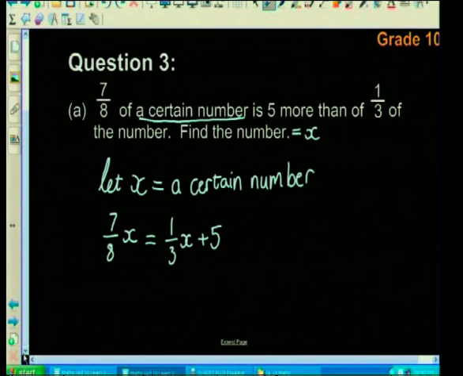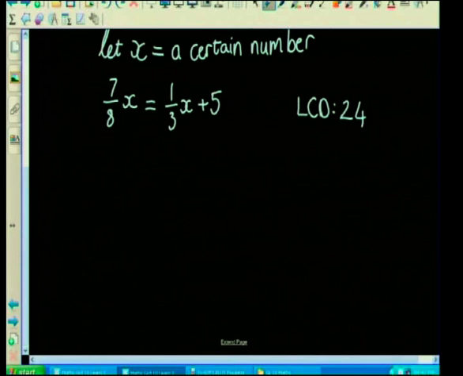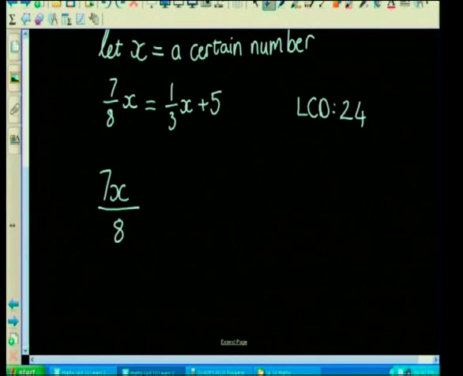The first thing we're going to do is to try and get rid of these fractions. And we're going to do that by finding a lowest common denominator. In this case, our lowest common denominator is 24. Let's put everything over denominators first before we change to the lowest common denominator.